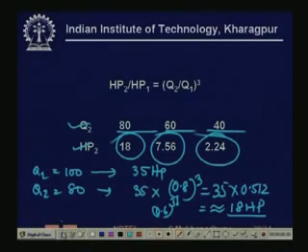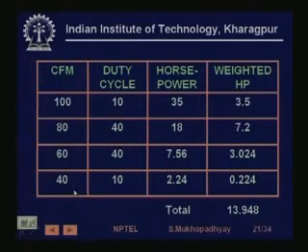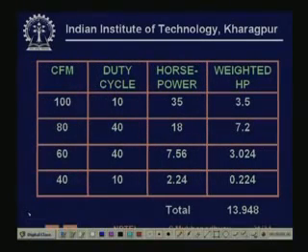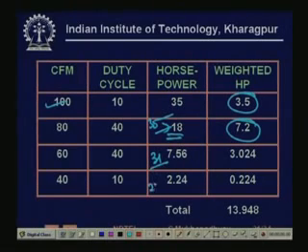So, now let us see the average horsepower requirements when you are varying the speed. The 100% case is the same, 33.5. The 80% case is now totally different. This was 35, remember, this was 31 and this was 27.